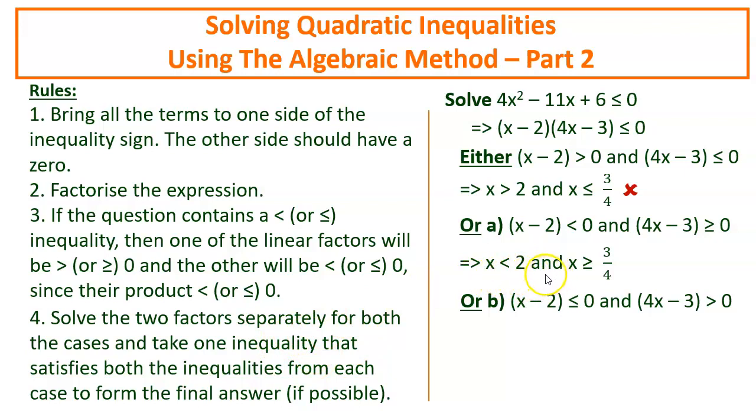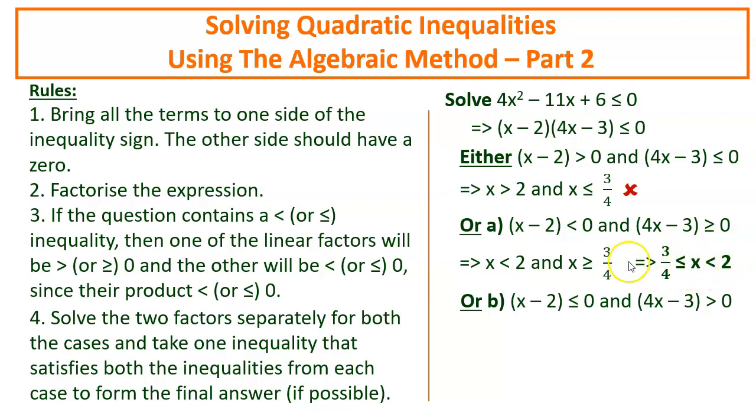In part 1, we have seen that we could select a single inequality to represent both the inequalities, but now in part 2, you are seeing that is not possible every time. And it is not possible to take a single inequality from both the cases, either and or. Okay.